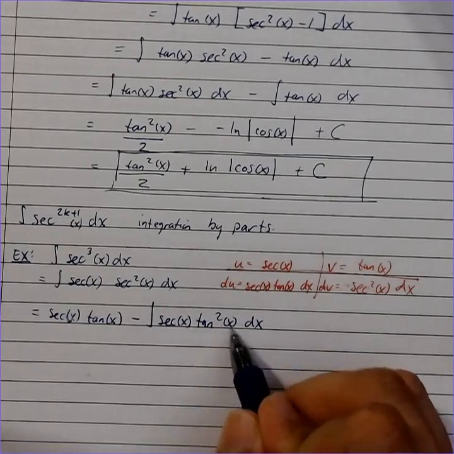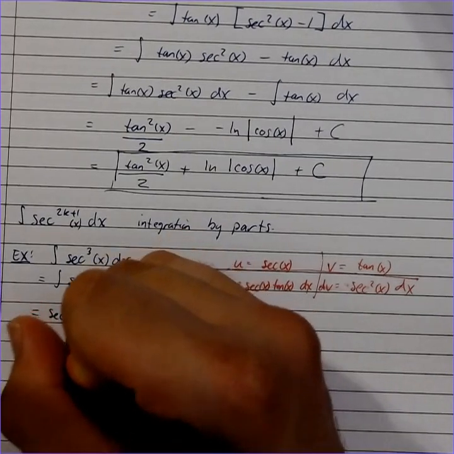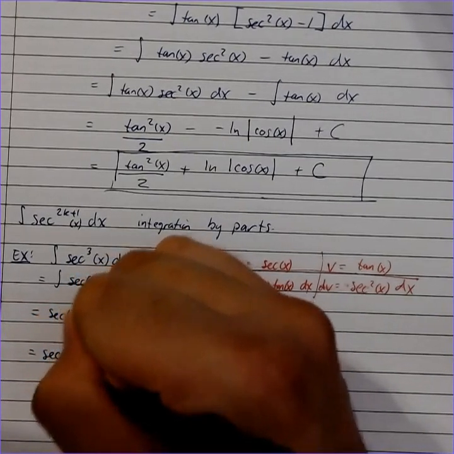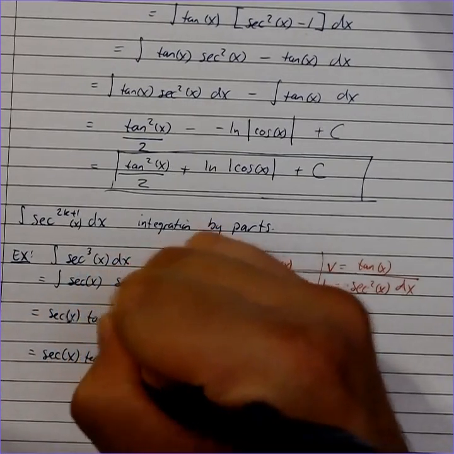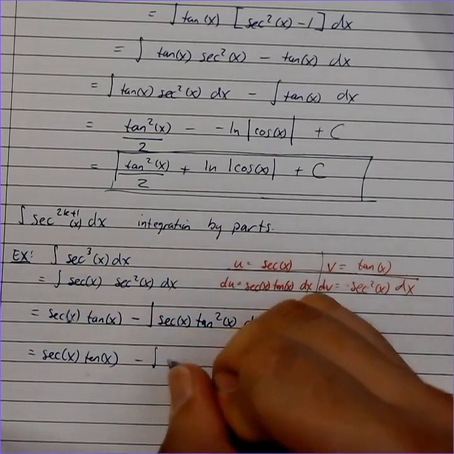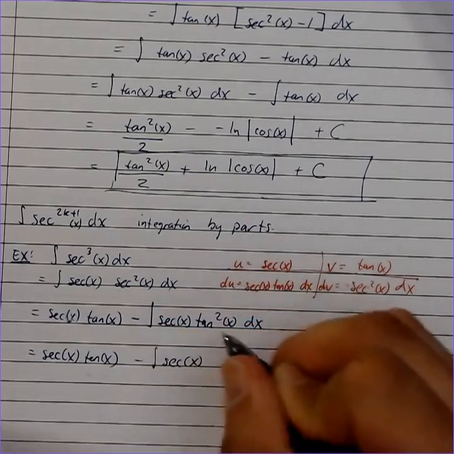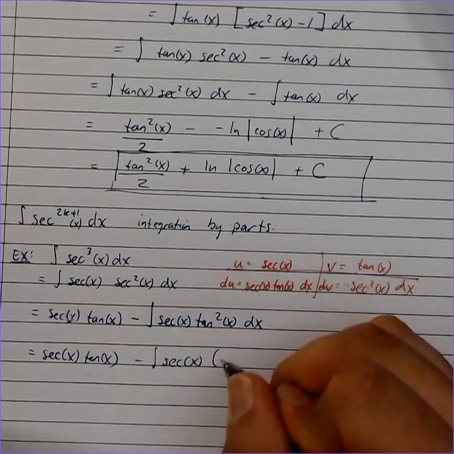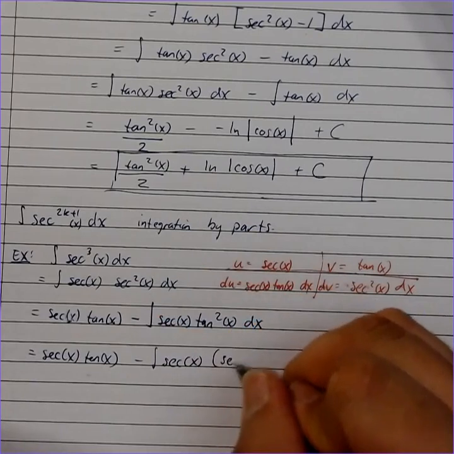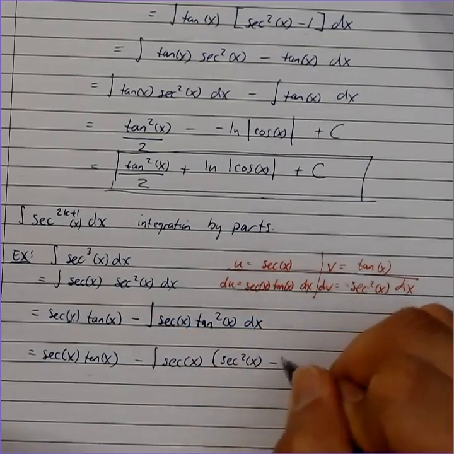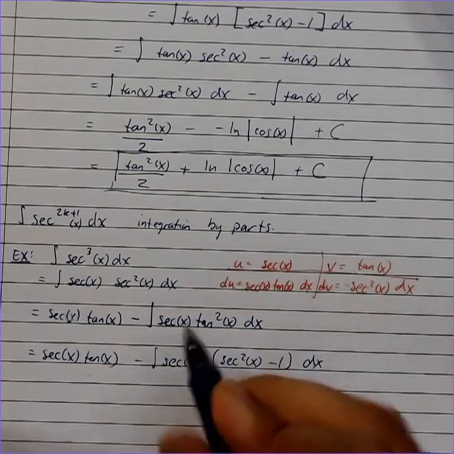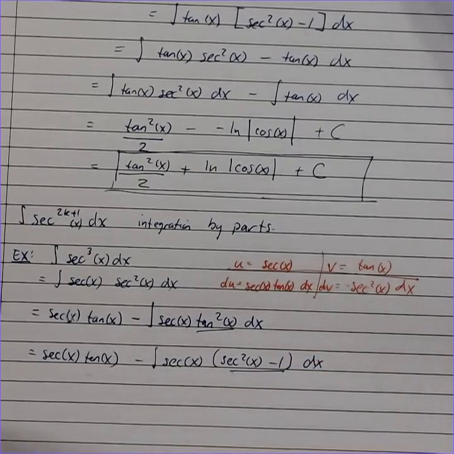So I'm going to write tangent squared of x using a Pythagorean identity. That's going to be secant of x, tangent of x, minus the integral of the secant of x times, instead of tangent squared of x, we can write that as secant squared of x minus 1 dx. So that becomes this. And notice that now we can distribute.